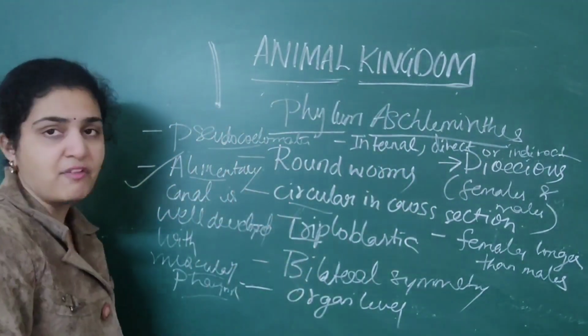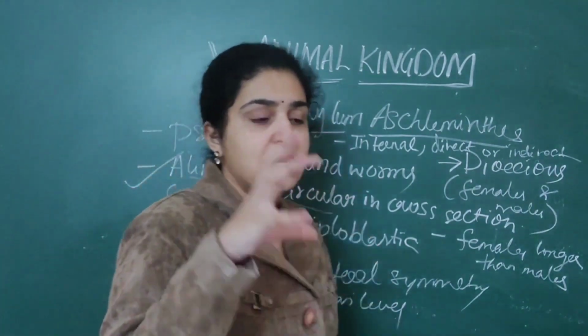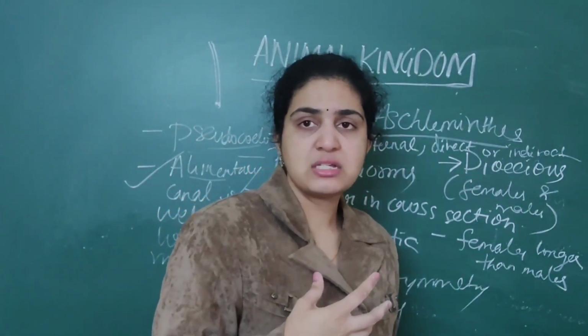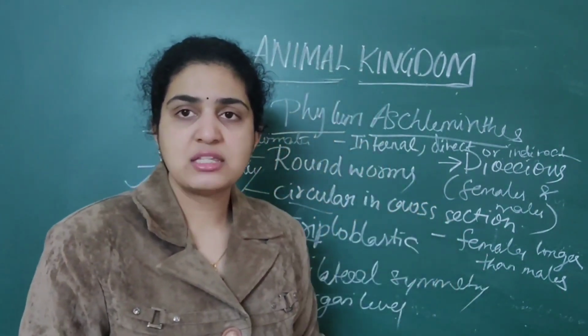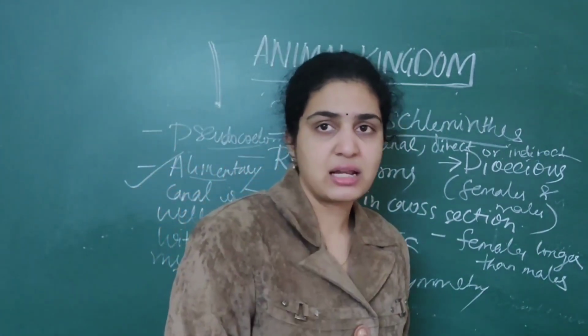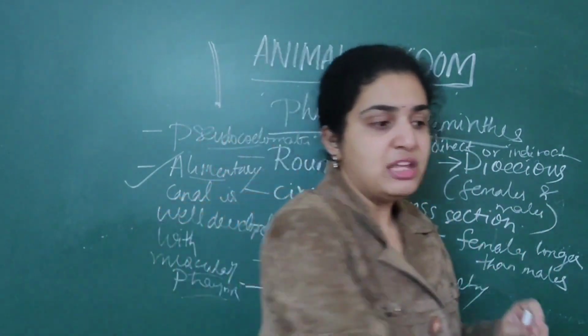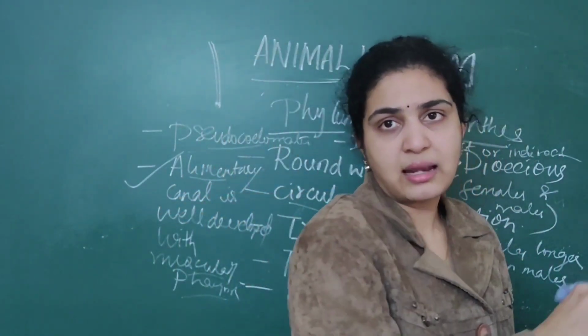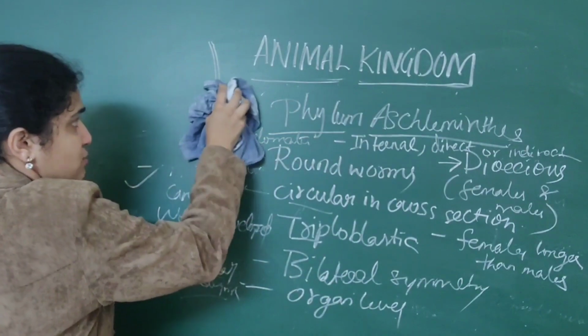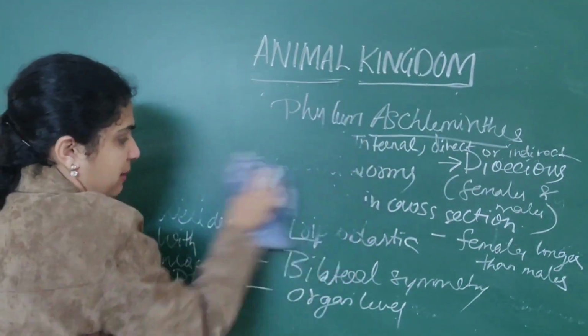These points are very much needed. An important NEET question asked is: the alimentary canal is well developed with muscular pharynx. That is one important point. Another is that females are always longer than males.